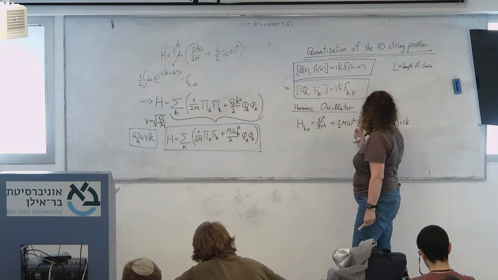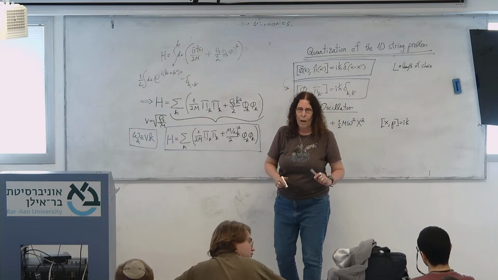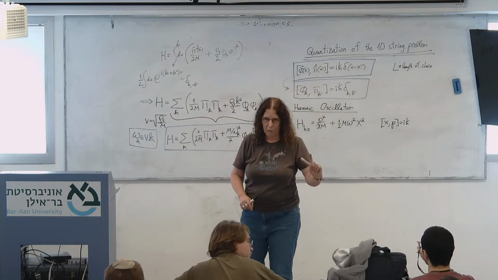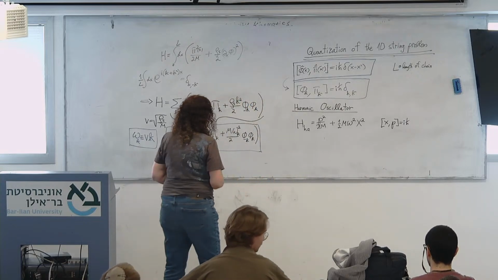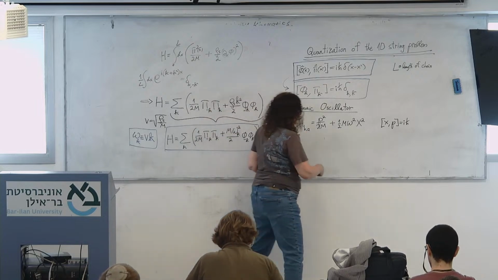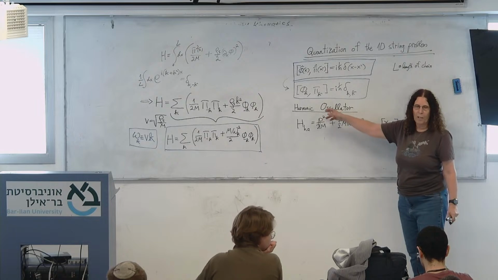But what is the difference between this expression and this? Right, okay. That's very good. You're getting to what I'm heading at. Here, the operators appear just as the square of the same operator.